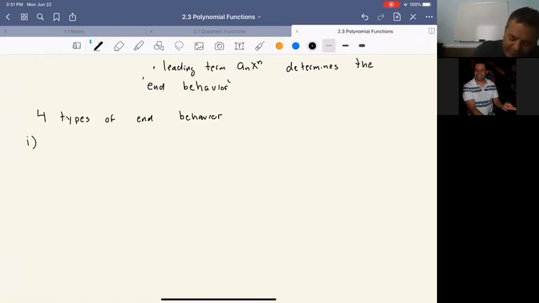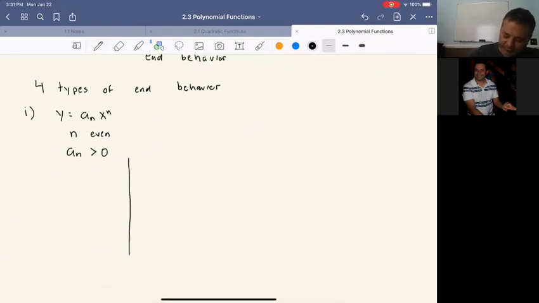So if you have y equals a sub n x to the n, and n is even, and a sub n is bigger than 0, then your end behavior is going to look very similar to, say, a quadratic.